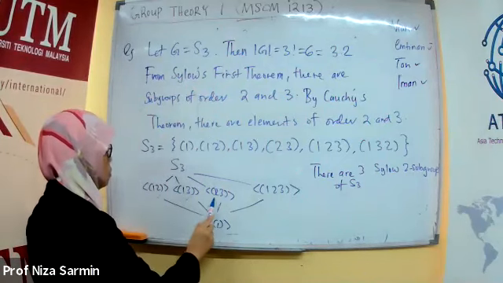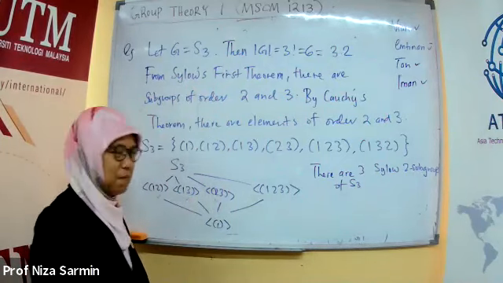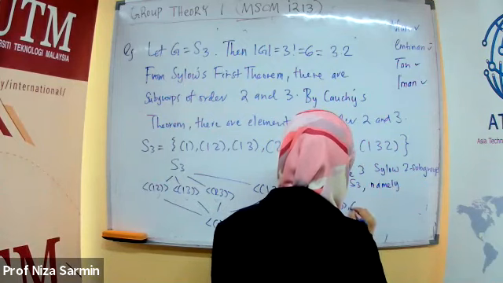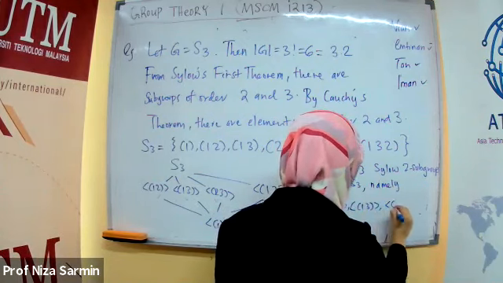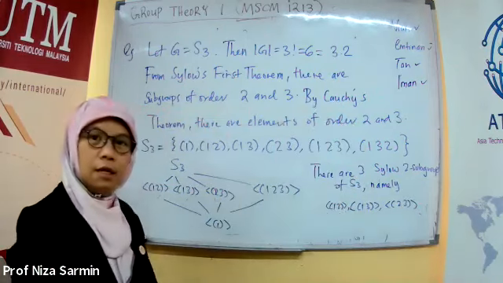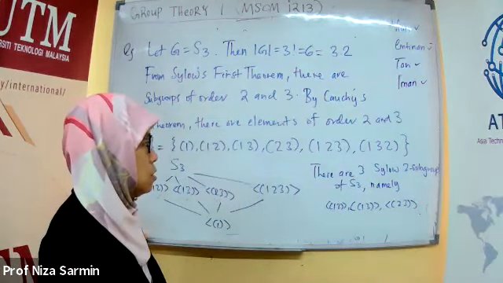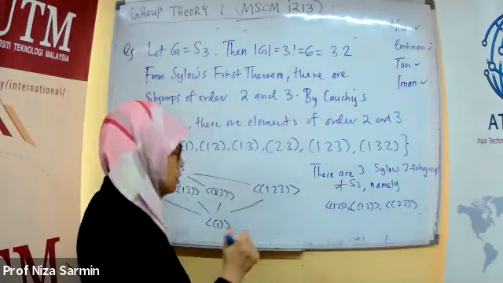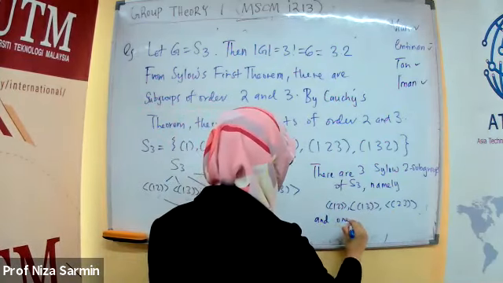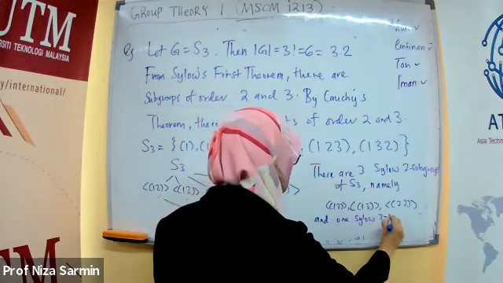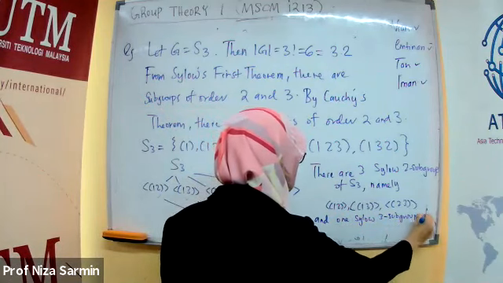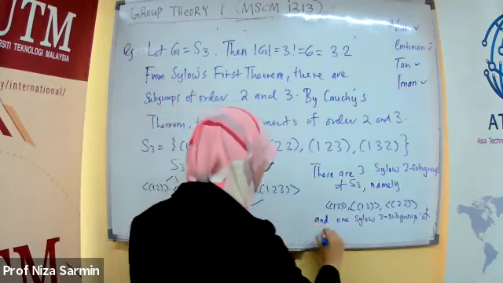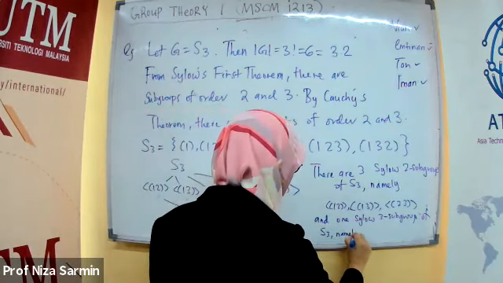There are 3 of them, namely the subgroups generated by (1 2), (1 3) and (2 3). And there is a Sylow 3 subgroup of S3, namely this one.